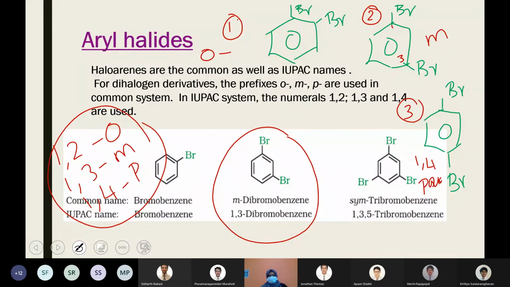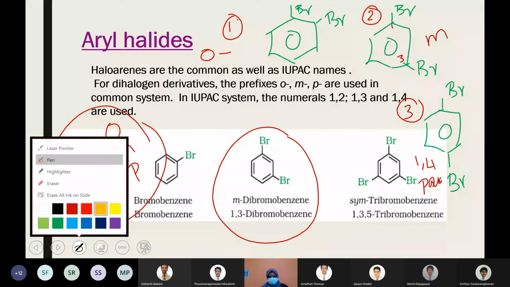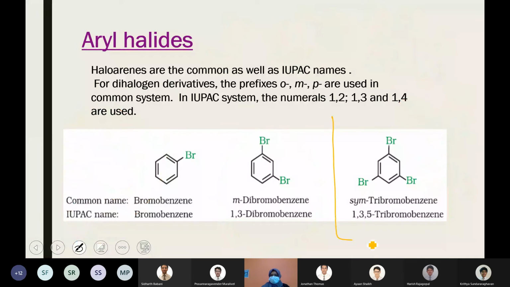SYM means symmetrical actually. So I hope you've drawn ortho, para and meta, right? Third example, what you can see over here, is an example of a trihalo, 3 halogens on the same benzene ring, and there is only one type of representation possible. You can't have ortho, meta, para like we had for di.